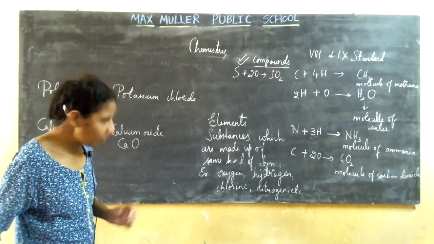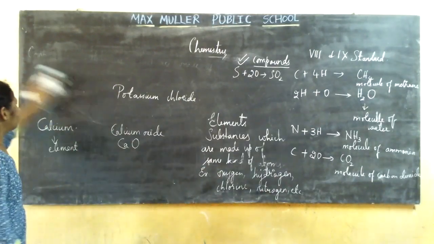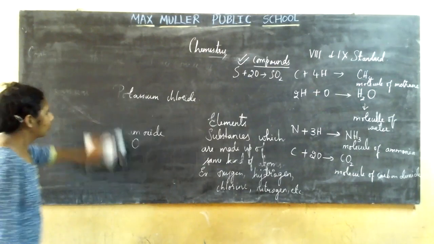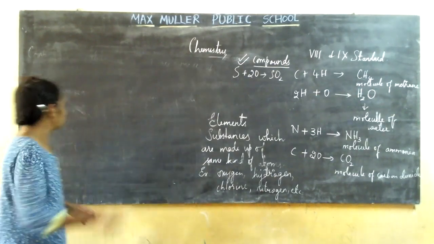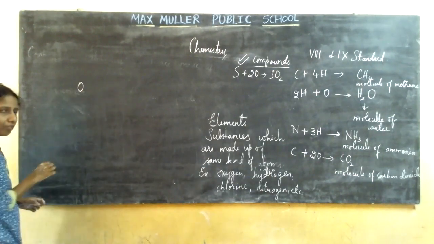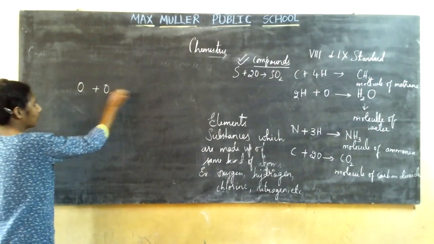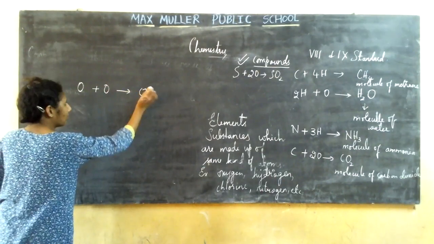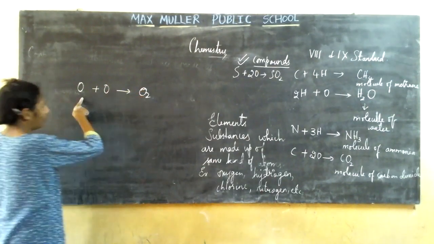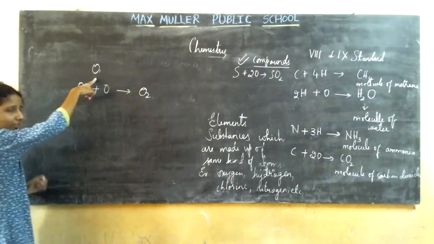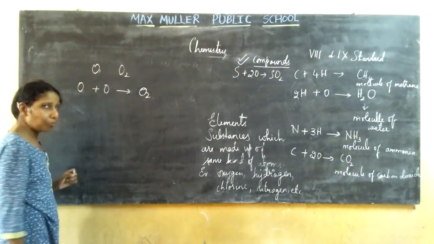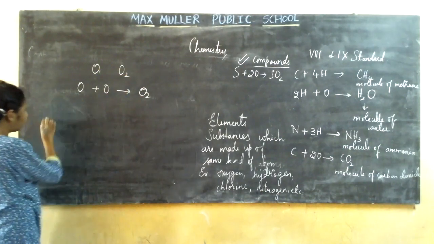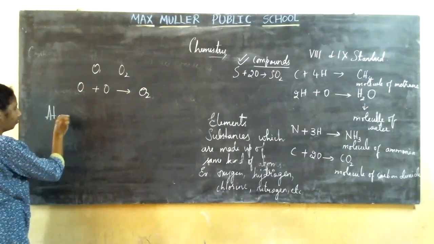And now, this represents an oxygen atom. If I write O, it represents an atom of oxygen. If I write O2, it represents a molecule of oxygen. So how do you define an atom?